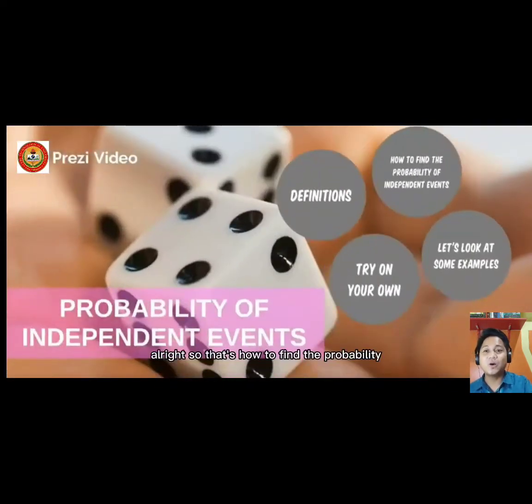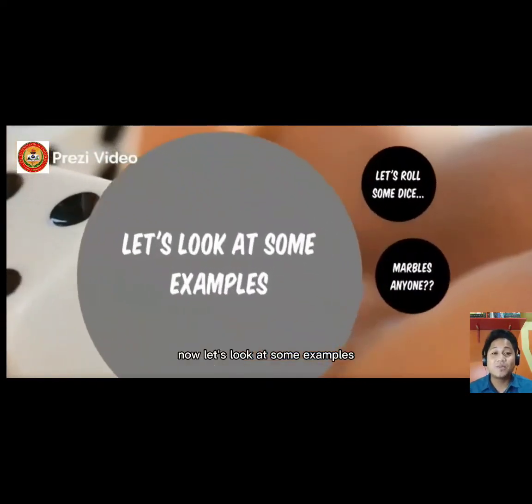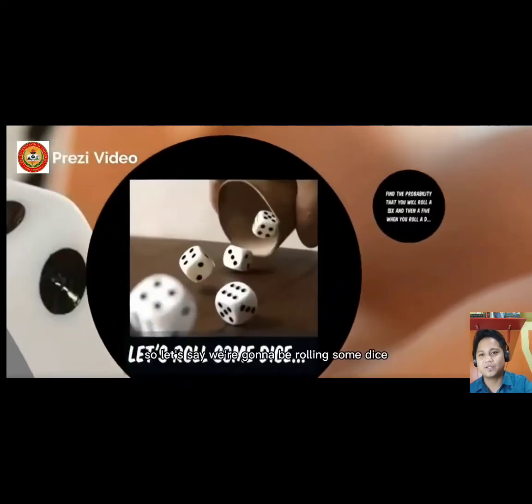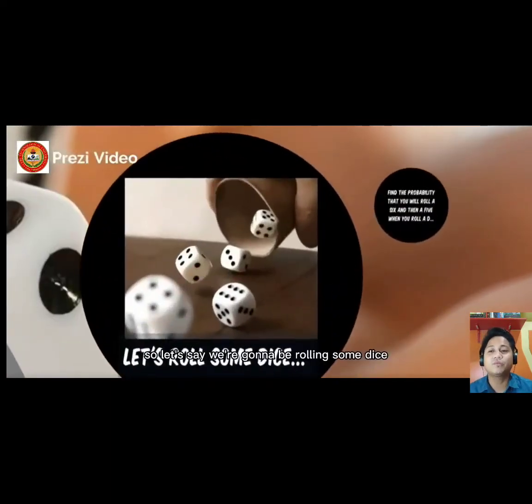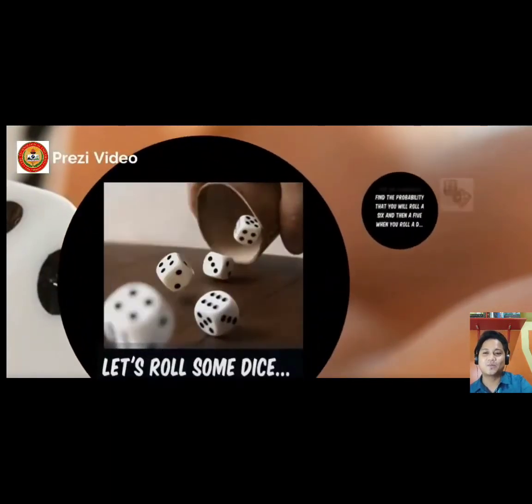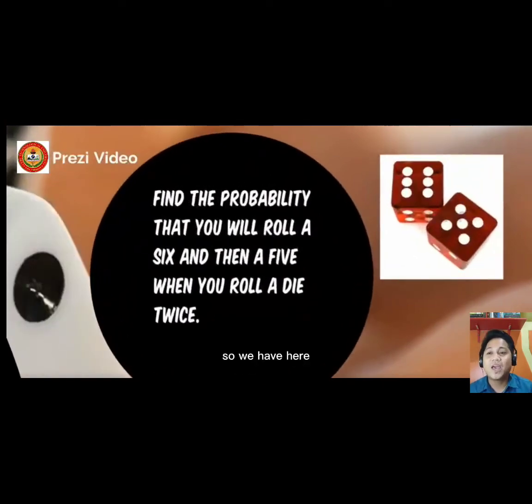Alright, so that's how to find the probability of independent events. Now, let's look at some examples. Let's say we're rolling some dice. Find the probability that you will roll a 6 and then a 5 when you roll a die twice.